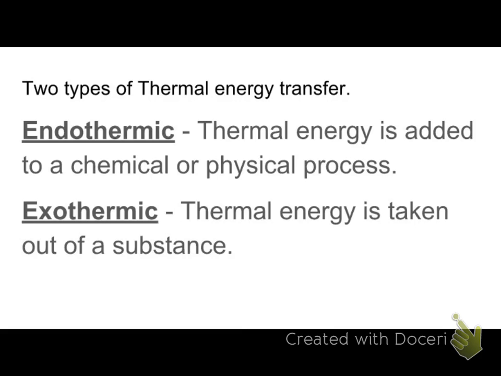Endo, what you think endo would be, energy goes in. So endothermic is energy going in. Okay? And exothermic means energy is exiting. So you have endothermic and you have exothermic.